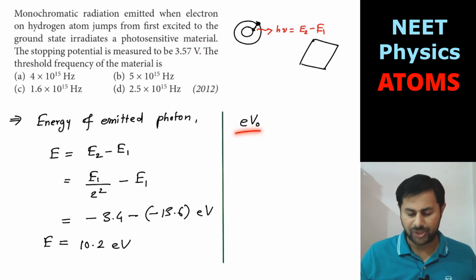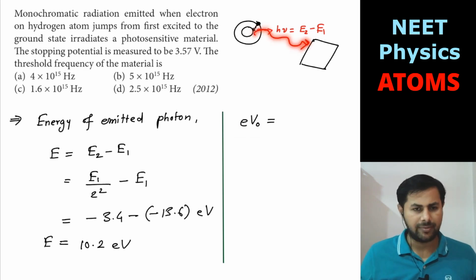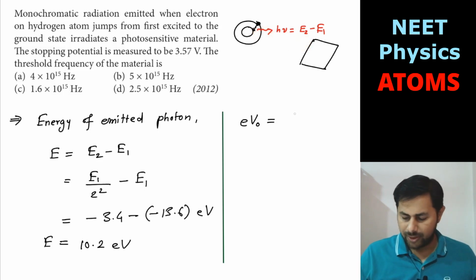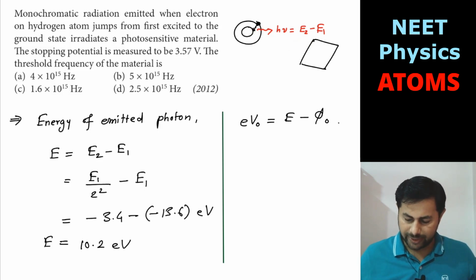If the stopping potential is V naught, then you have E times V naught is equal to h nu, or the energy of this photon, right, minus the work function. So h nu, or let's say E, minus phi naught. Let's substitute the values.